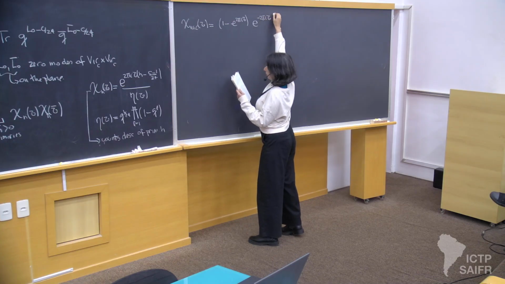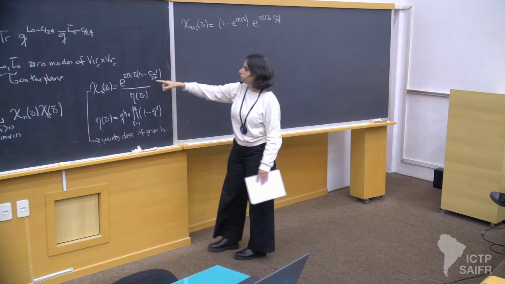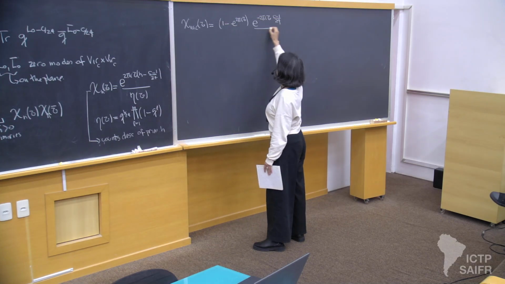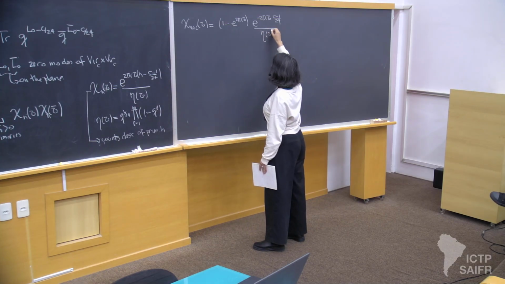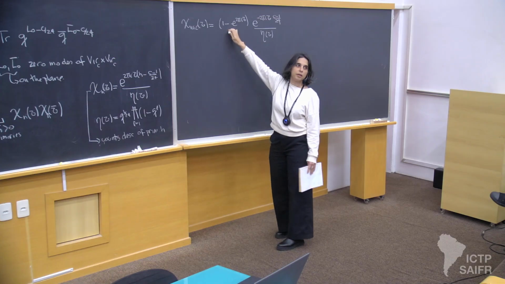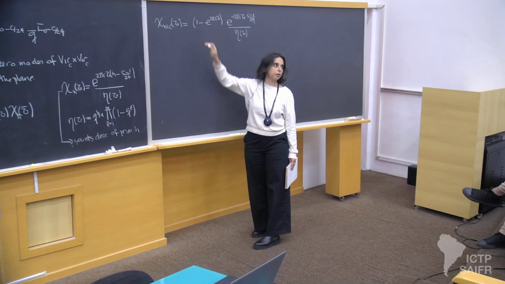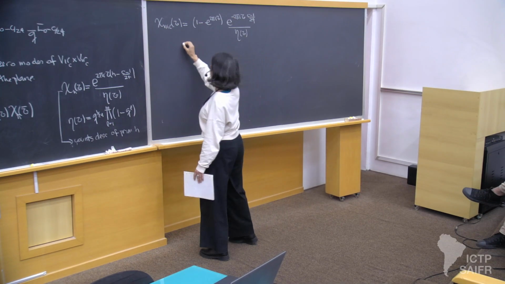So it's roughly the same function. You put H equal to 0 because that's the vacuum state. It also has the eta function, but this extra part is removing one of the null states.